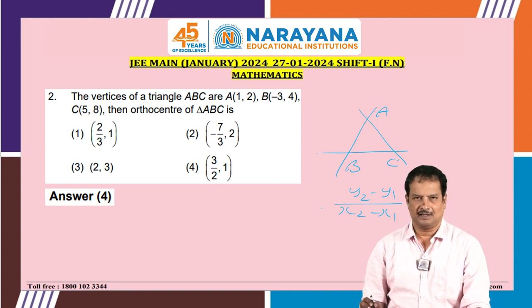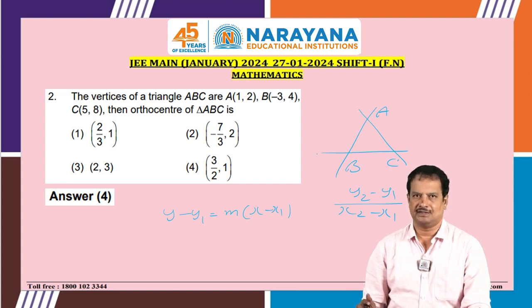Similarly, in the same manner, we get the altitude through the vertex B, following the same process. Of course, we use the point slope form of the equation, y minus y1 equal to m into x minus x1. Take any two altitudes and solve them. You'll get the orthocenter, which is the point of intersection of the altitudes.